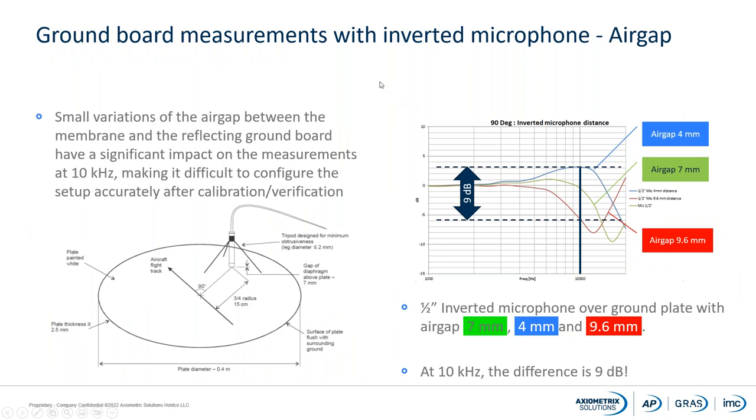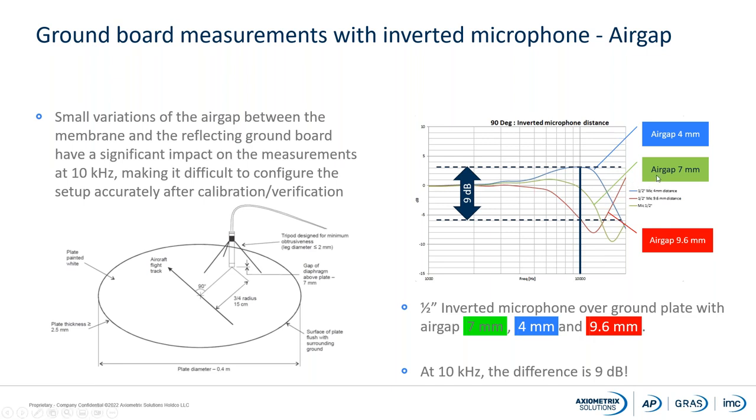The second test we were doing, and this is actually a measurement, we took this plate in the upside down configuration, looked at 10 kilohertz, and changed the air gap. We altered the air gap from 4 millimeter to 7 millimeter to 9.6 millimeter. That is not very much, so we were interested to see the difference between the air gaps.